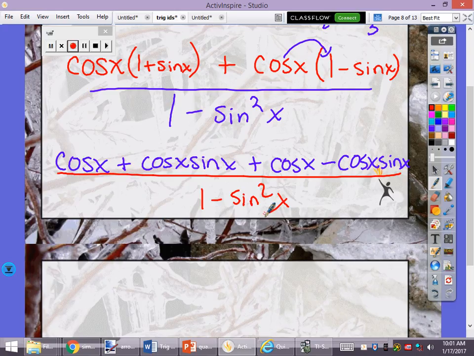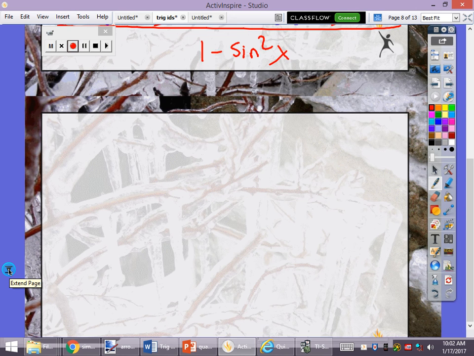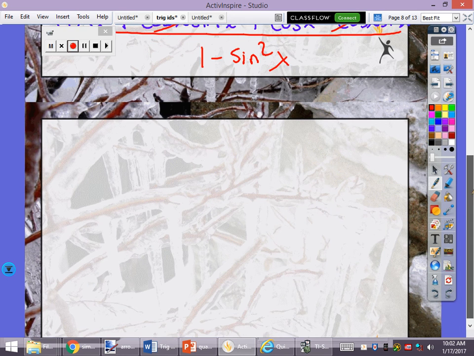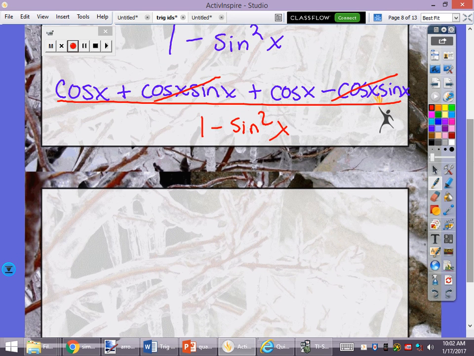What do you notice about the numerator? This cancels this. What is 1 cosine plus 1 cosine? 1x plus 1x, not squared. 2 cosine x. And please use your cheat sheet.